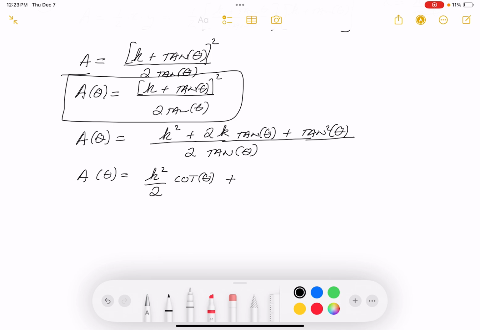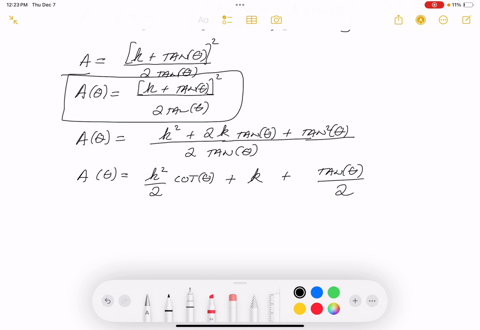So the tan thetas cancel, the 2's cancel, you just get a k. It's a middle term. Last but not least, you get tan theta, because one of the tans would cancel off over 2.